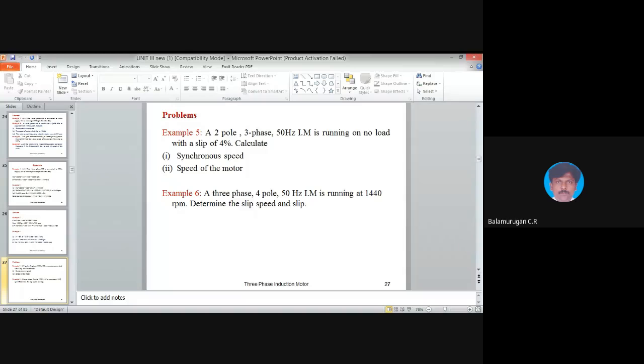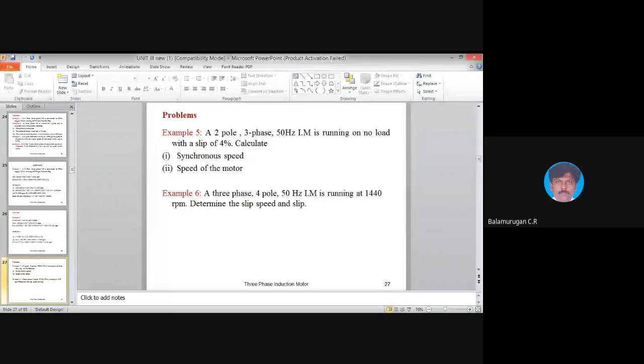Theta is going to be varied from 30 to 360 degree if we consider one cycle. If the time is continuously varying, the position of the resultant flux is going to be varied, but the magnitude remains the same. This magnitude we call 1.5 phi m.